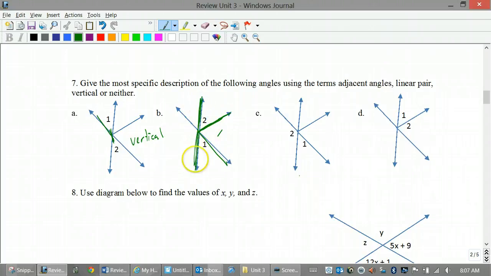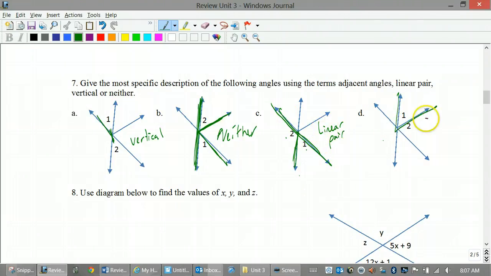They form one straight line right there, but not two, so these are actually neither. C, if you look at what makes up those two angles, that makes a straight line, and they're adjacent, so they're a linear pair. And these two, that angle and this angle right there, just share a ray, so they're adjacent.